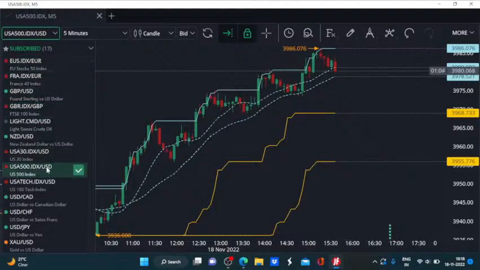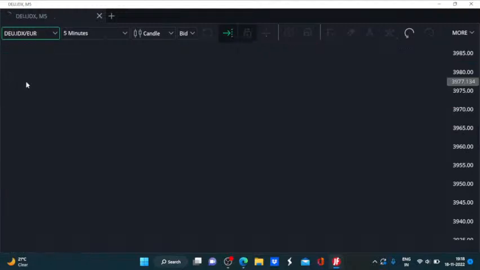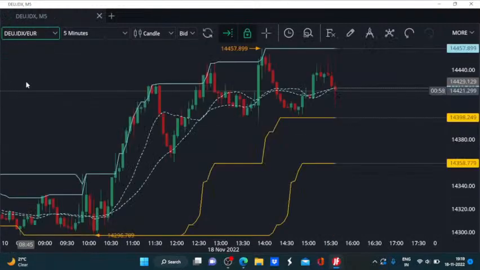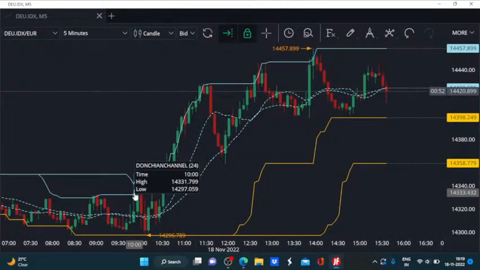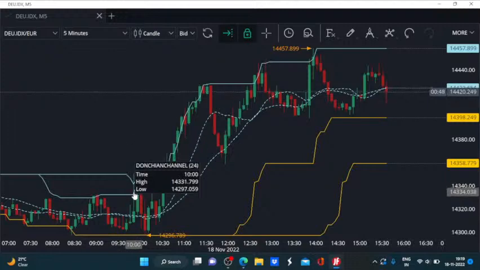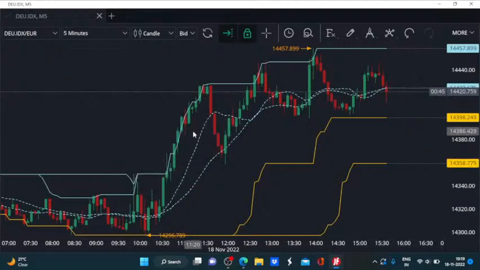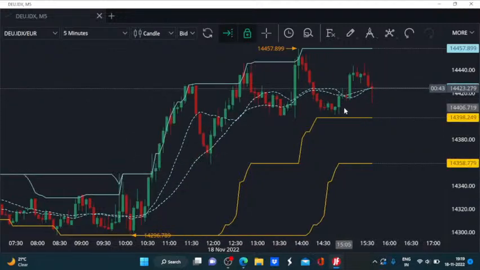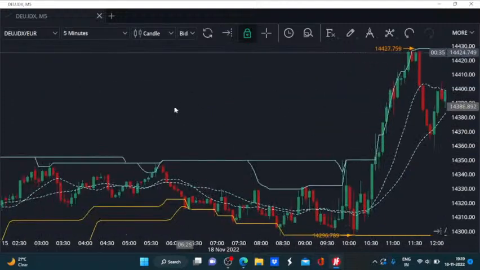So we first consider DAX, Germany's equity index. Here it is, German 40. And DAX also is on the bullish side. It made this 4 hourly high quite early compared to the futures of US equity, and since then it has been trading with this bullish bias, with gains of more than 1 percentage point from this day's low.